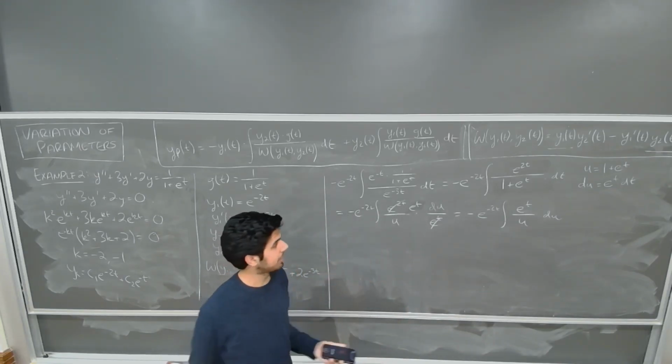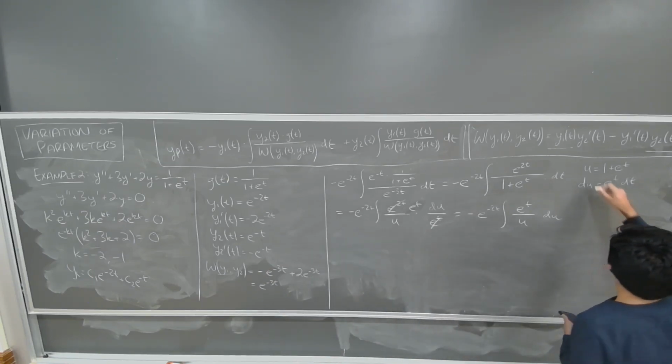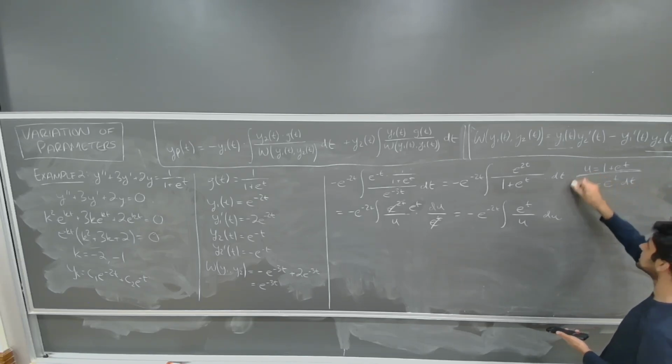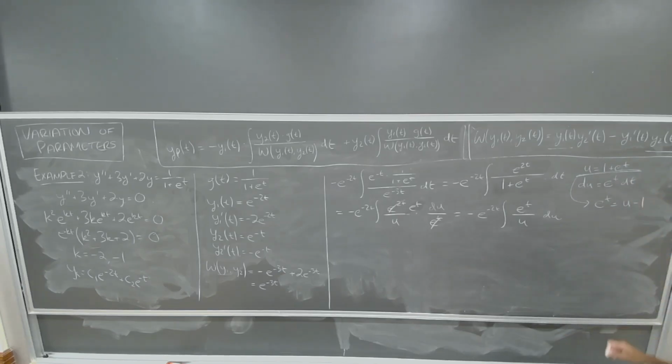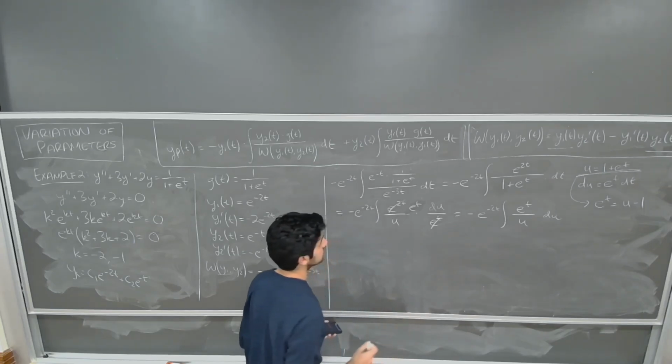Well, how does that help us? Here we'll be a little bit sneaky. Remember that u equals 1 plus e to the t. So that means e to the t equals u minus 1. From there, we can substitute for e to the t. We'll substitute with u minus 1.